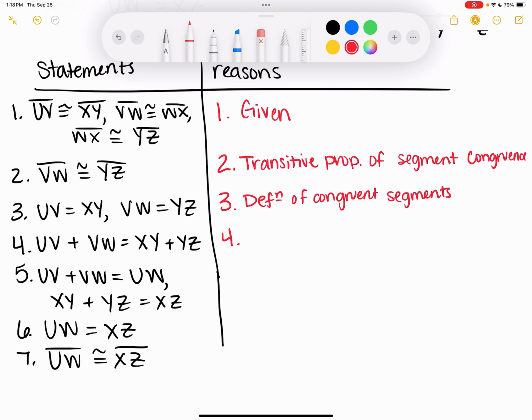It's just addition. Addition property of equality. Now, obviously, the different options would be in front of you. If your book is open, you'd see what your options are. But how about 5? Yep, segment addition postulate.